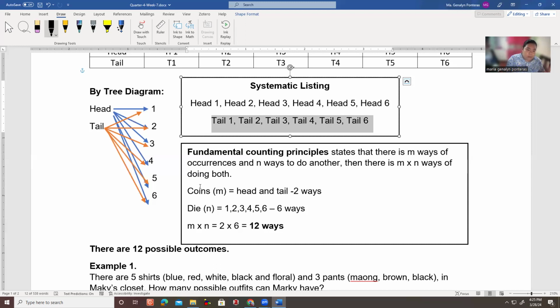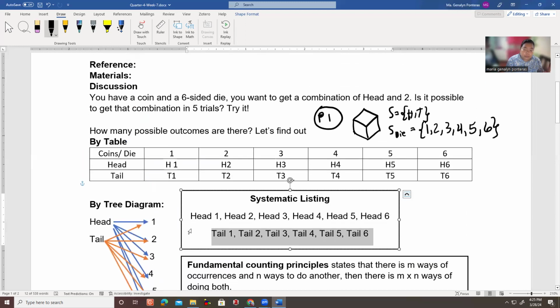For the die, we have n ways, which is the number of ways of presenting the outcomes. So you have 6 ways. Multiplying, 2 times 6 will give you 12 ways. So there is a cardinality of 12 possible outcomes for the two things when we throw them simultaneously.